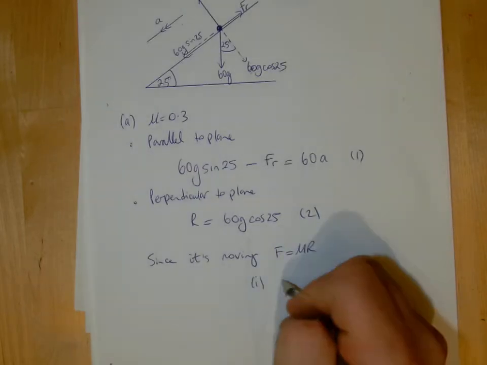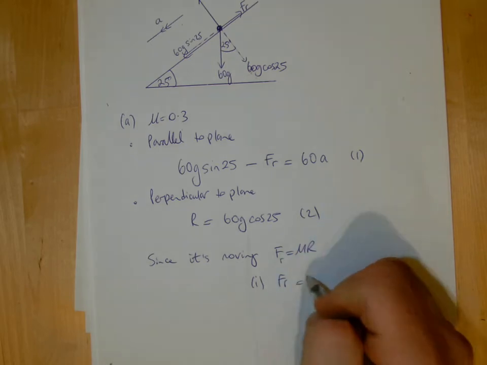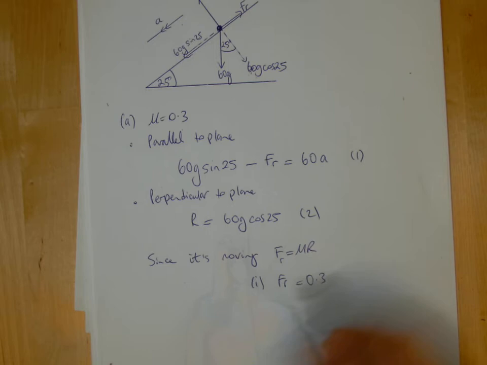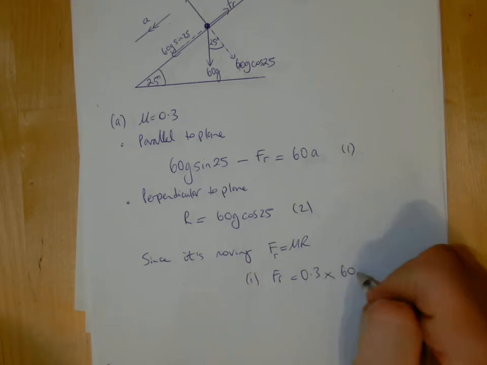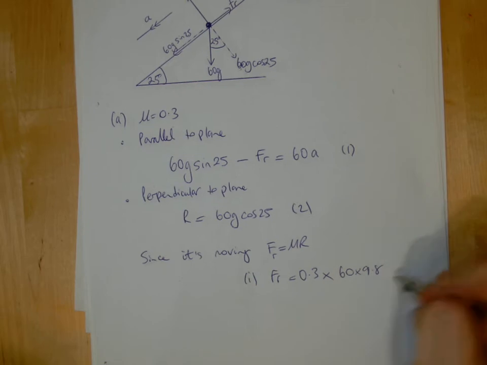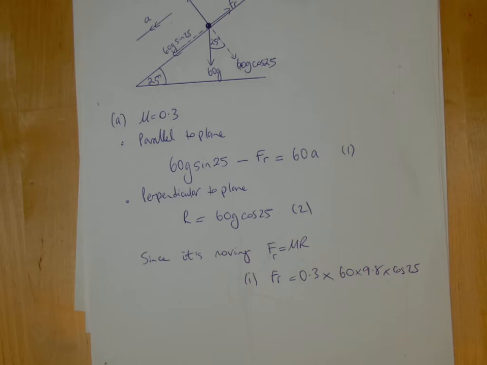So the friction will equal mu, which is 0.3, times the reaction, which is 60g, so 60 times 9.8 times cos 25, from the second result I found there.